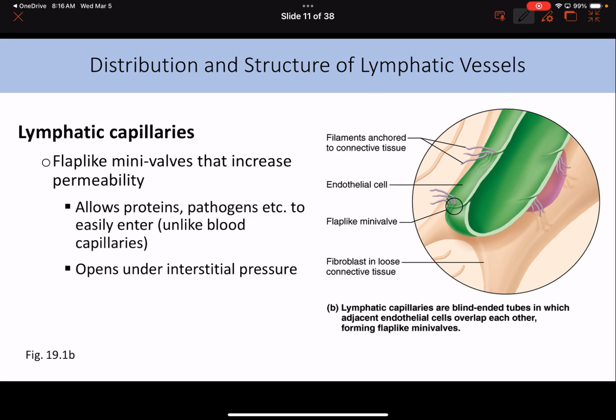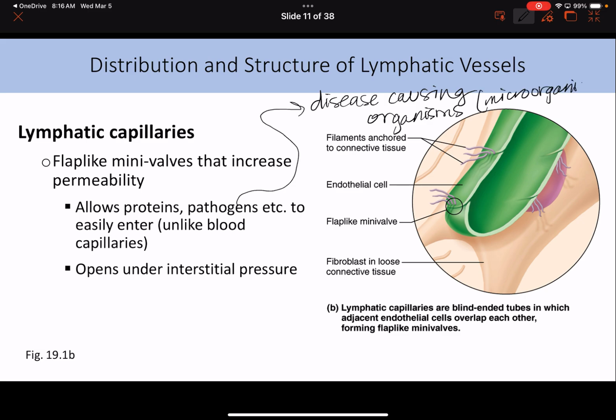So this allows proteins, pathogens, which are disease-causing organisms, usually microorganisms, but it allows proteins, pathogens, etc., to easily enter the lymphatic system. So how lymphatic capillaries work is that these valves open and whatever fits through will go through.